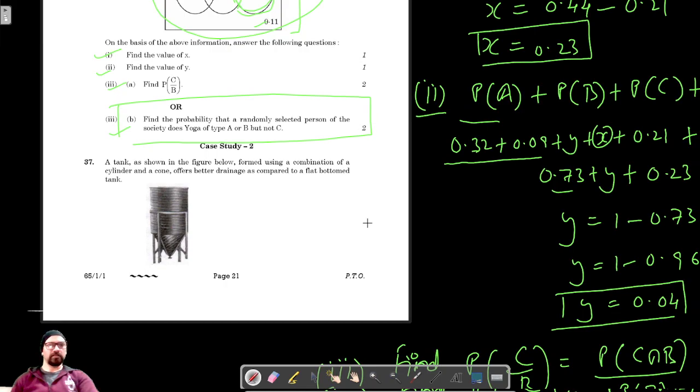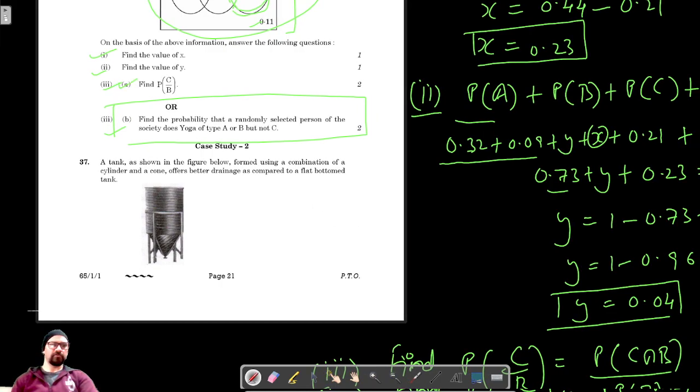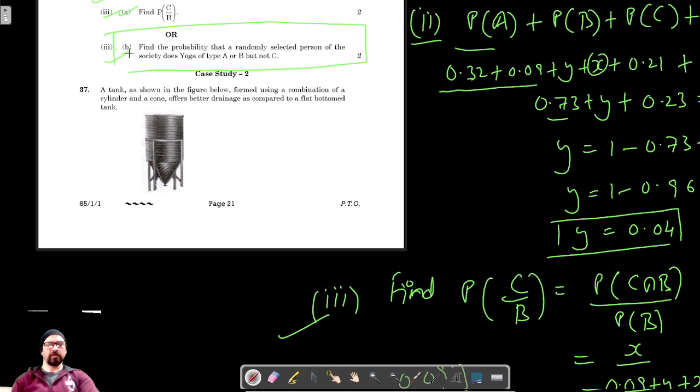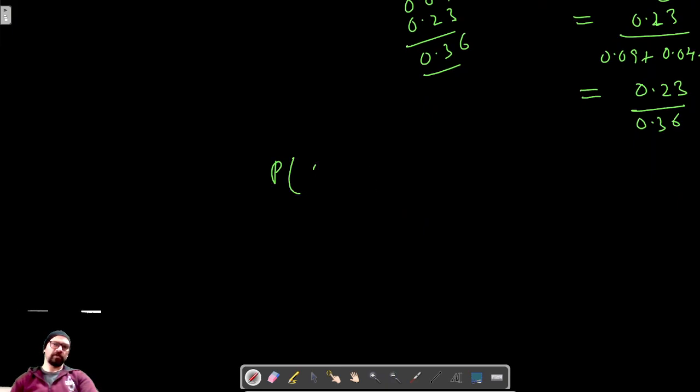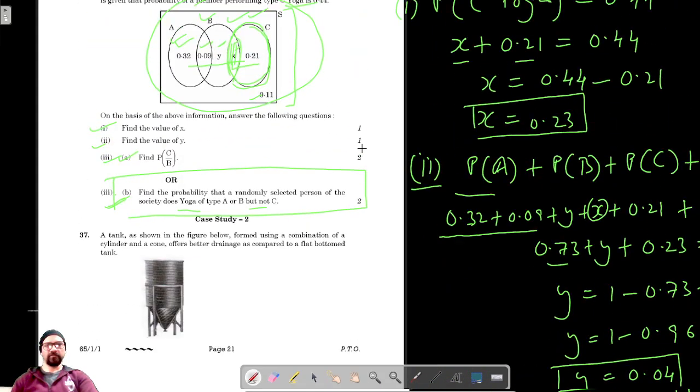We have to find the third part. We have a choice in the third part, it's either A or B. For the optional part, it's the probability that a randomly selected person in the society does yoga of type A or B, but not C. So the probability of A or B, but not C. Just look at the Venn diagram, it's easier.